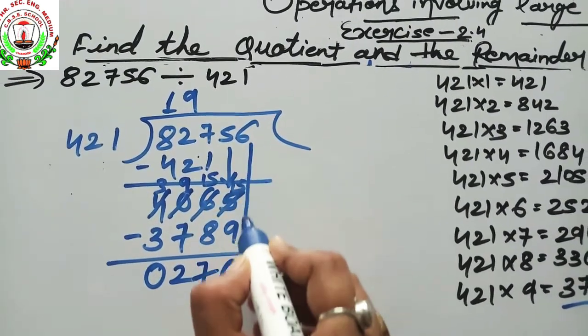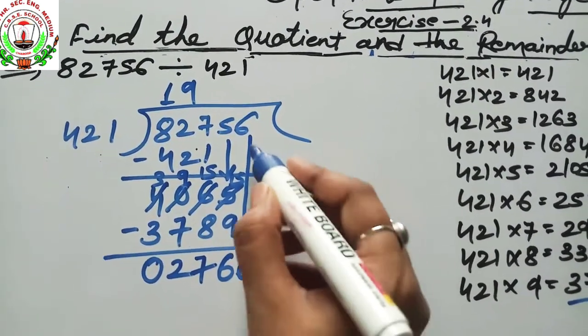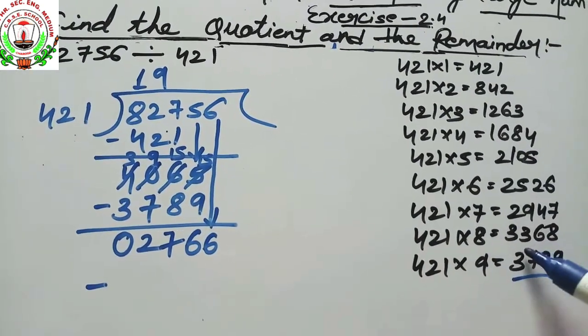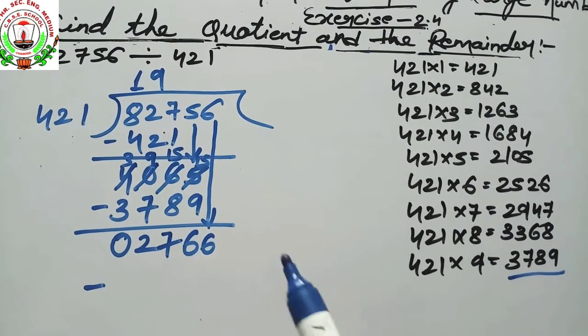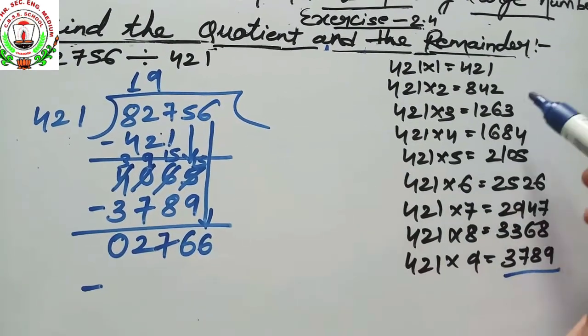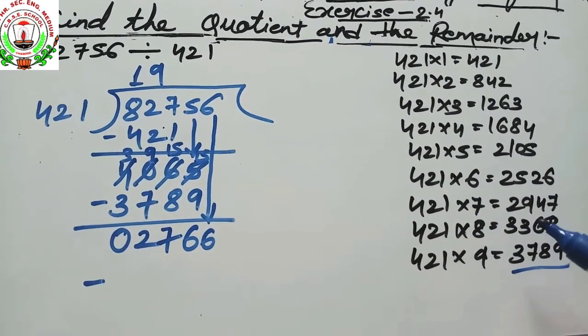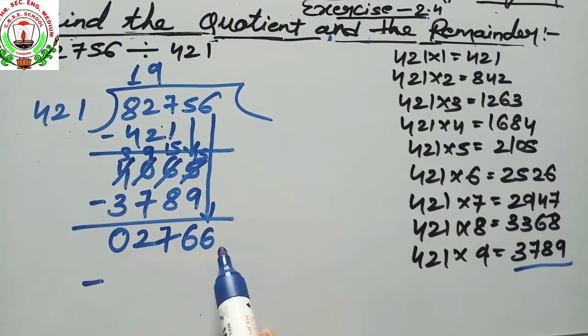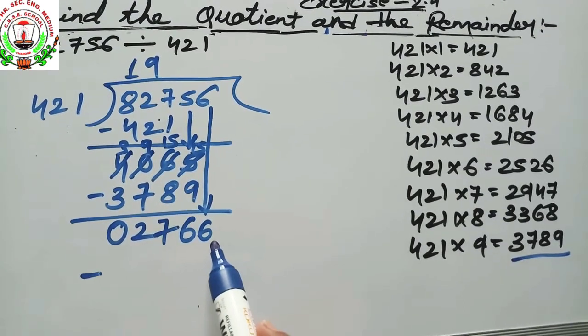Then again this last digit is left out. We have to bring it down over here. And here you have to select the number which is less than this. The number 2766 is not over here. That's why we are selecting the number which is less than 2766. Which number is less?